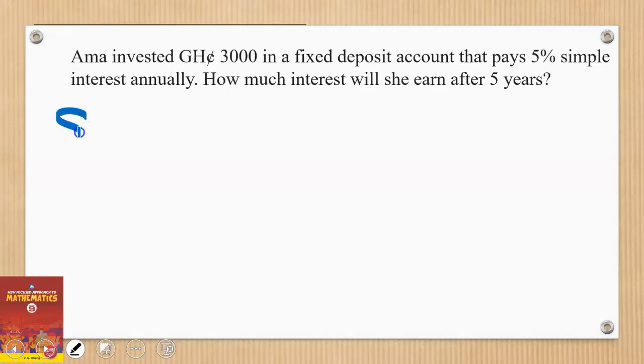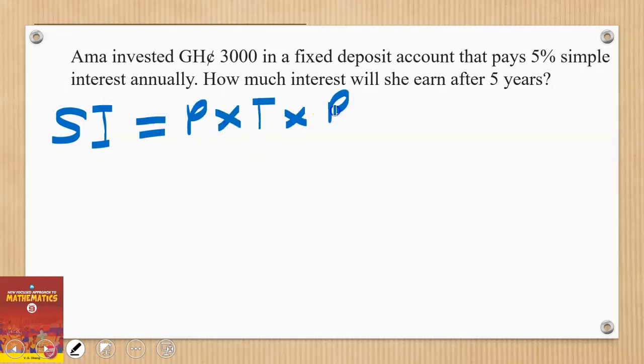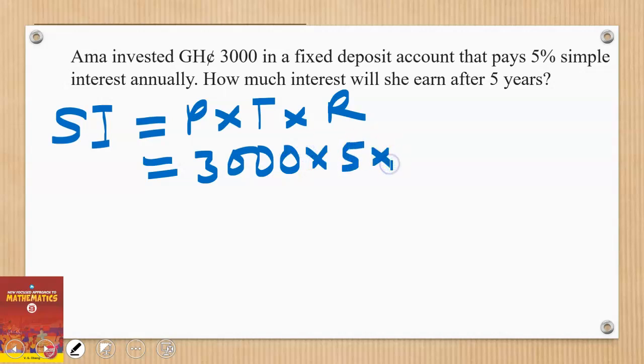We go by the same principle, okay, and that is going to be principal times time times rate, and note that rate is over 100. So the principal is 3,000, that is the deposited amount, the time is 5 years, and the rate is 5%. Now if you put this together, rate is 5%, so 5 over 100.